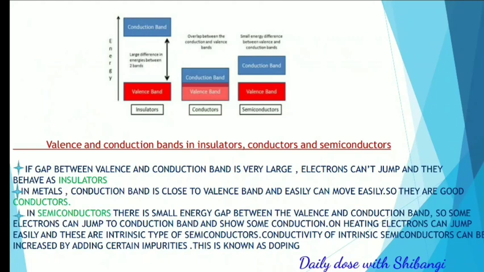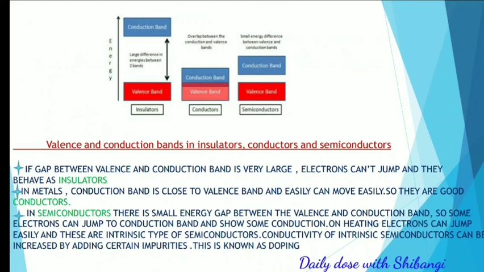In the third case, we can see that there is a small energy gap between the valence and the conduction bands. These are semiconductors. So some electrons can jump to the conduction band and show some conduction. On heating, electrons can jump easily and these are intrinsic type of semiconductors.